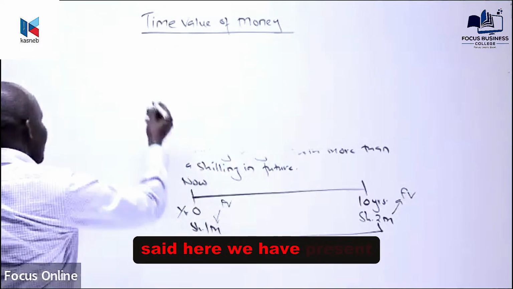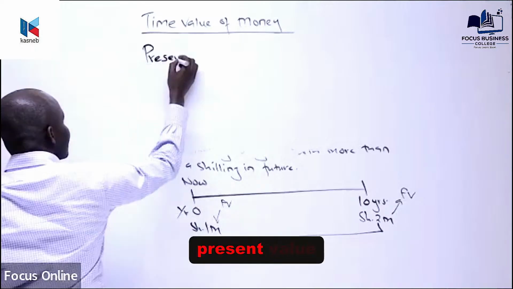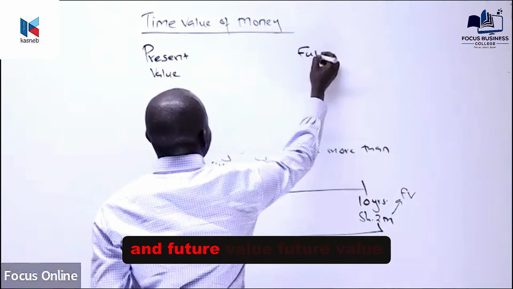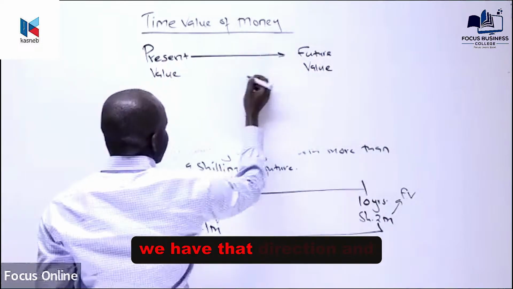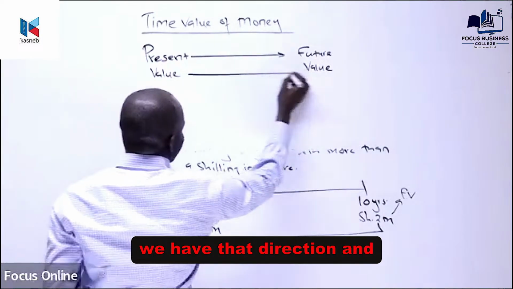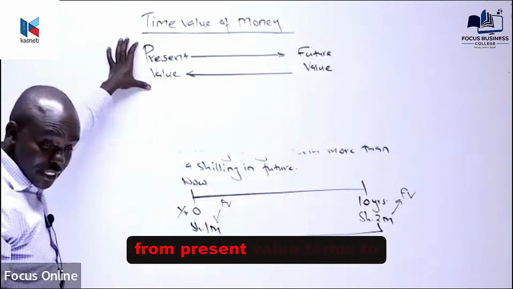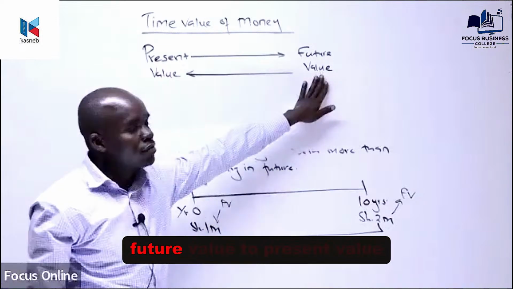Here we have present value and future value. We have that direction and we have this direction. You can work from present value to future value, or you can work from future value to present value.